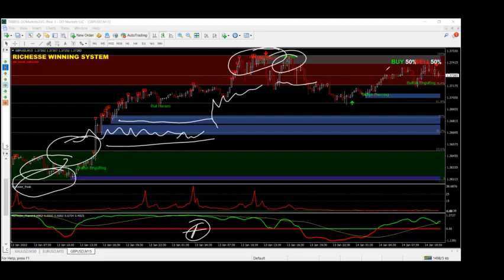So I think you know all these candle patterns. But I will show this candle pattern.